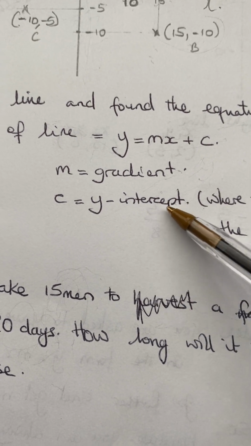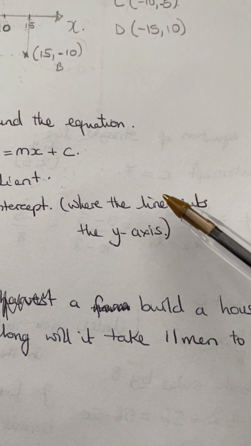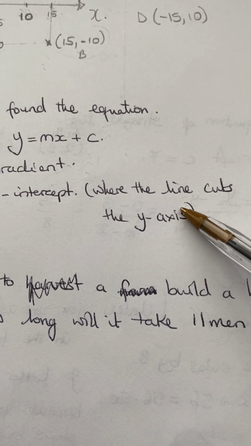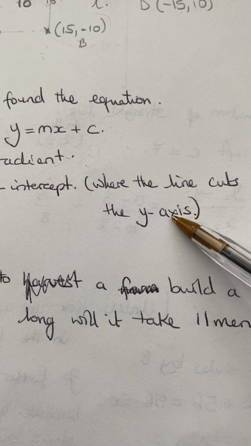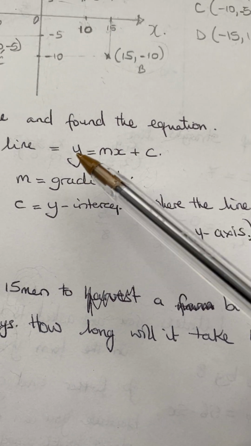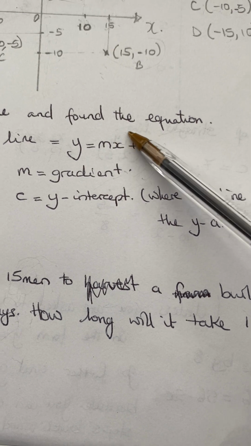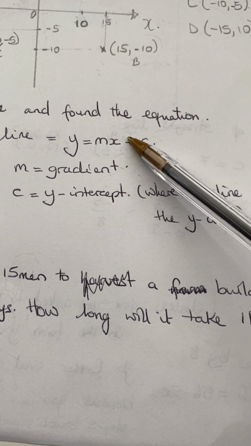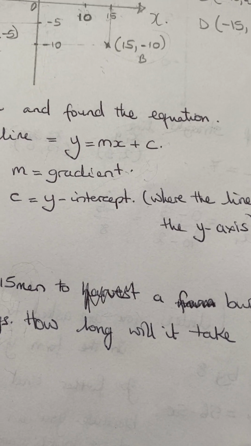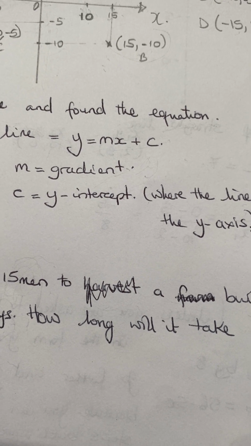C is your y-intercept, where the line cuts the y-axis. So if you know these two, you can substitute them into this equation, and then that will be the equation of your line.